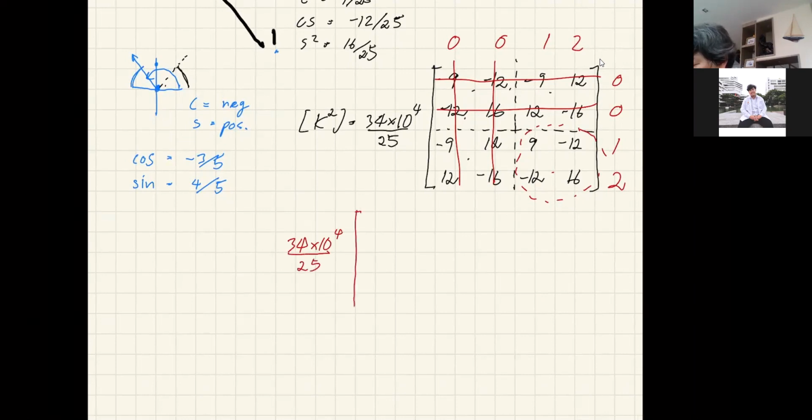And then we would have this coming in directly: 9 minus 12, minus 12, 16, and then the rest is 0. You should try to be tidy. Just write down zeros like this.